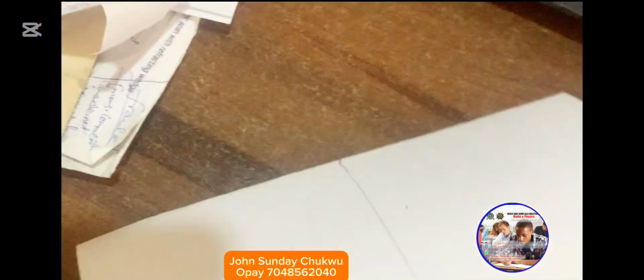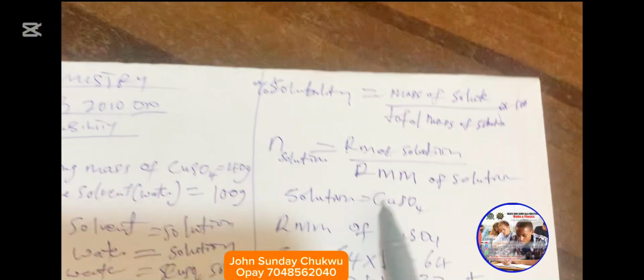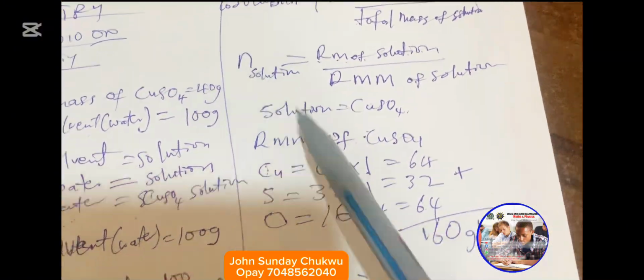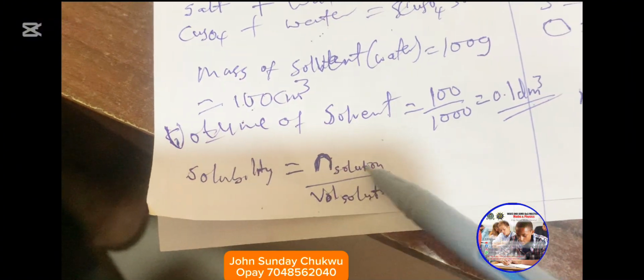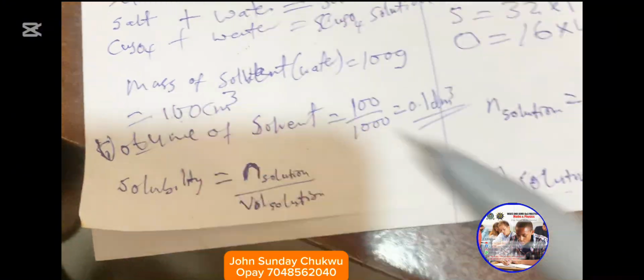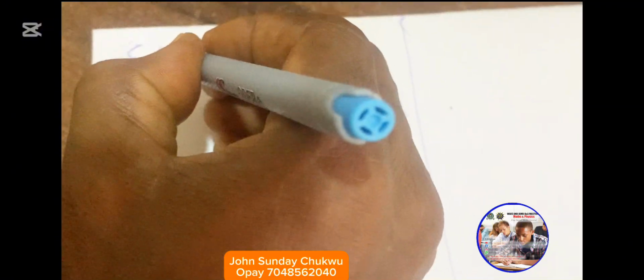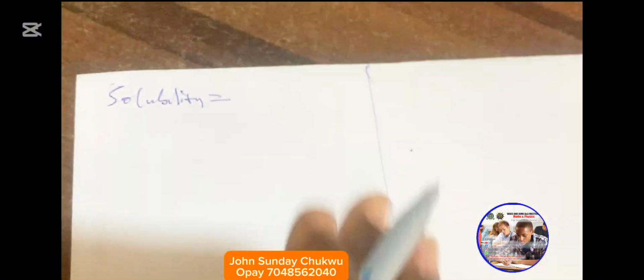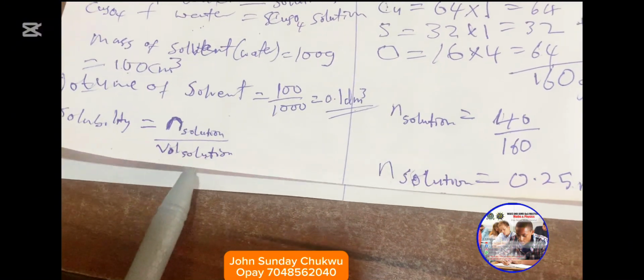But that's not the answer, because we are not asked to look for number of mole. We look for relative molecular mass in order to get number of mole, and we look for number of mole to get our solubility. So solubility is equals to number of mole of solution all over volume of solution.